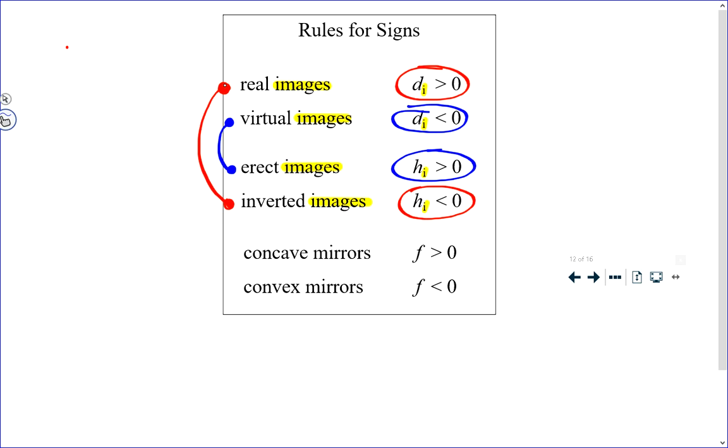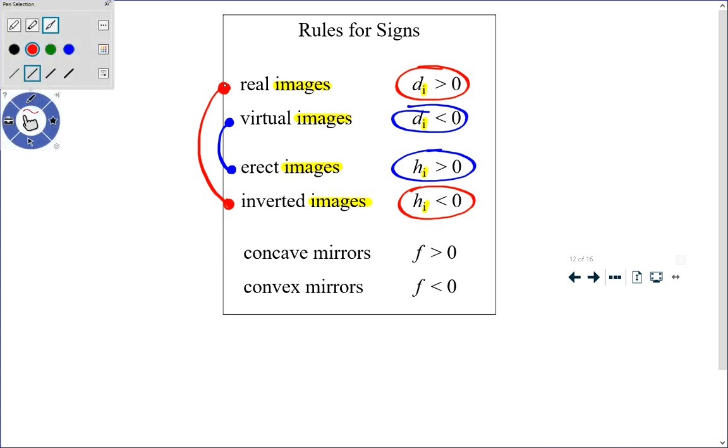So if you can remember that inverted images have a negative height, then that means they must have a positive displacement. If you can remember that virtual images have a positive height, that means they must have a negative displacement.